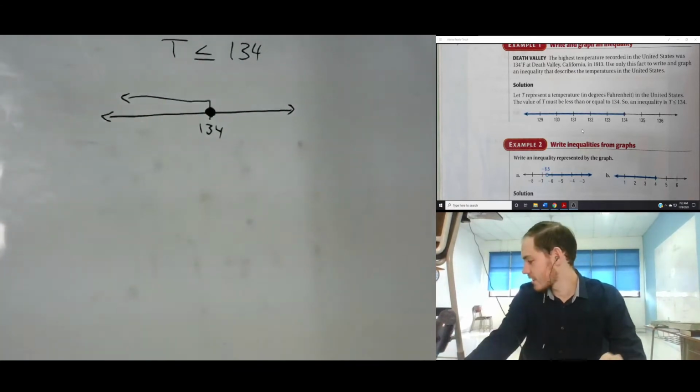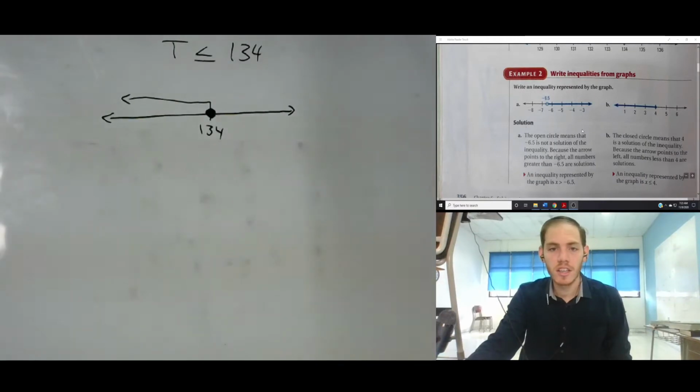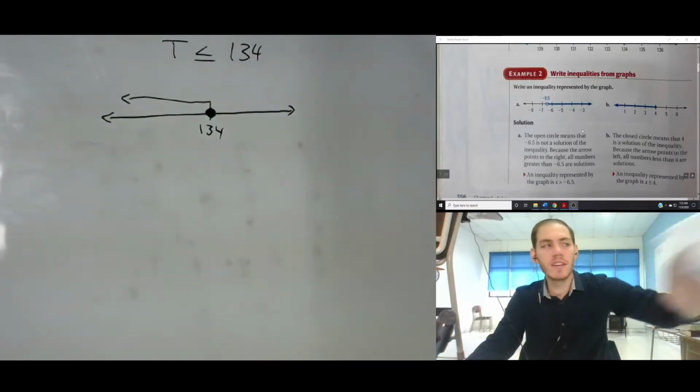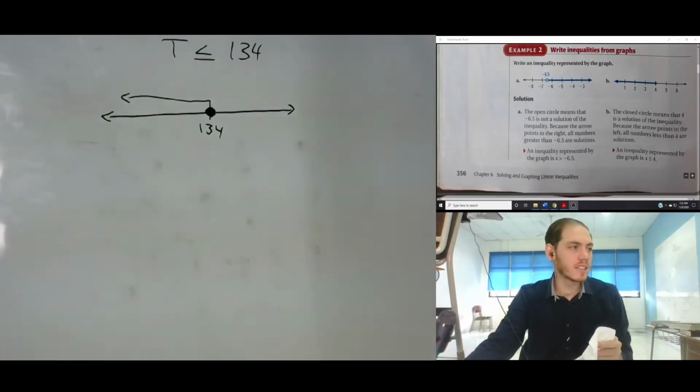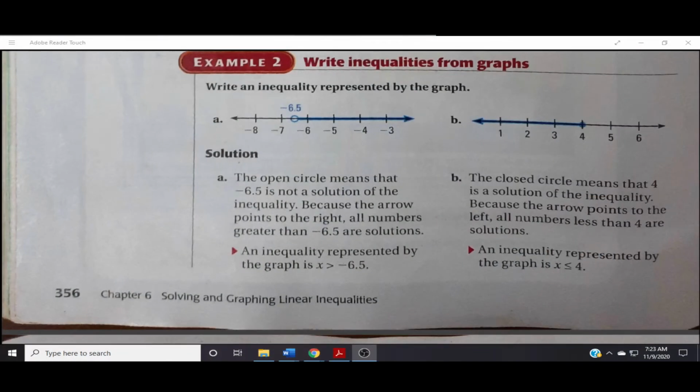Okay, let's continue on. Write an inequality expressed by the graph. This is a good one to blow up a little bit. So let's blow it up. Okay, so write the inequality. Notice the first one has an open circle at negative 6.5.